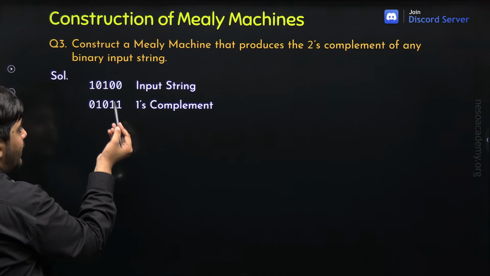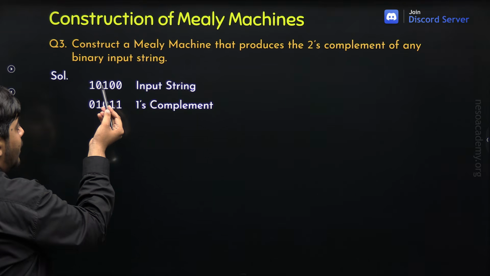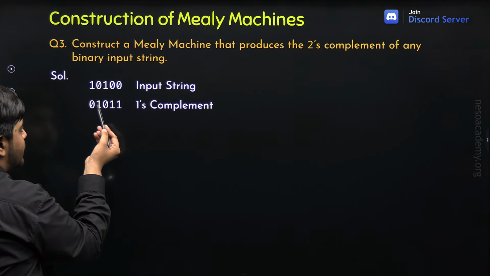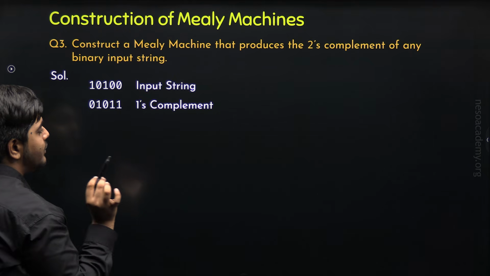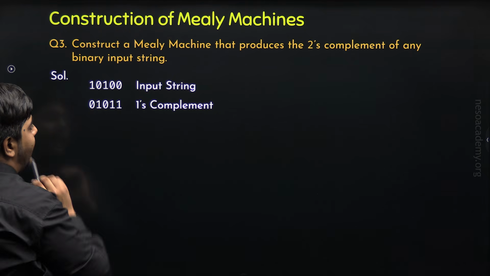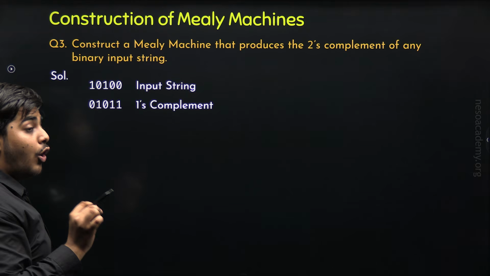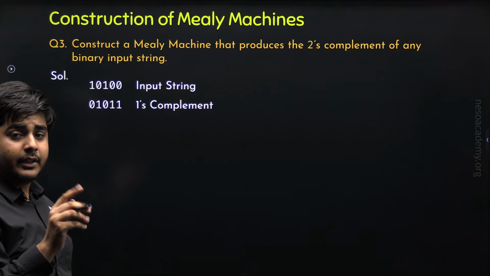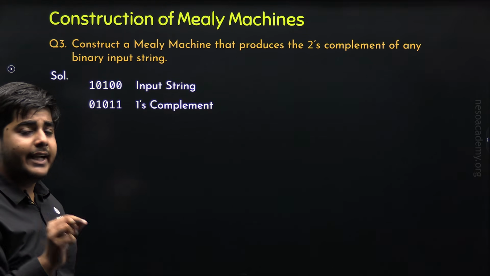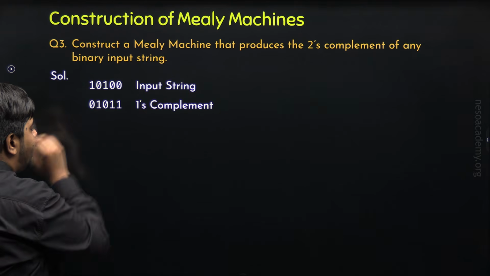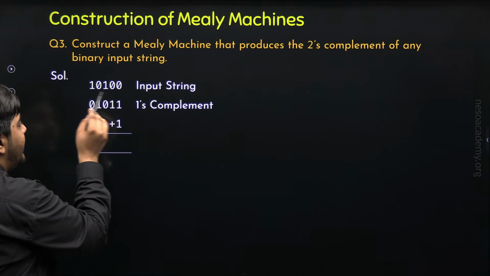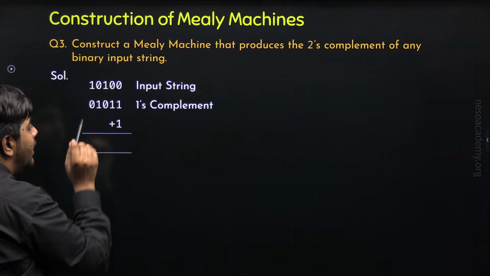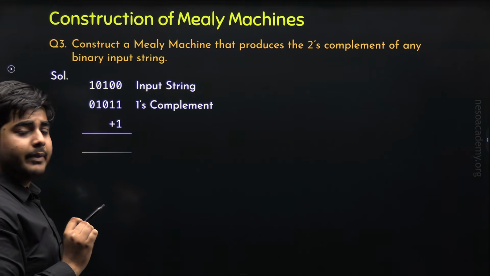This 0 becomes 1, this 0 becomes 1, 1 becomes 0, 0 becomes 1, 1 becomes 0. Now we need to perform the binary addition of this ones complement and the binary number 1.